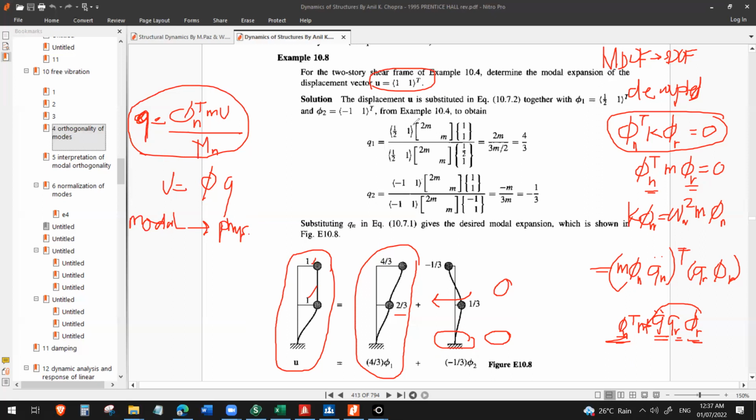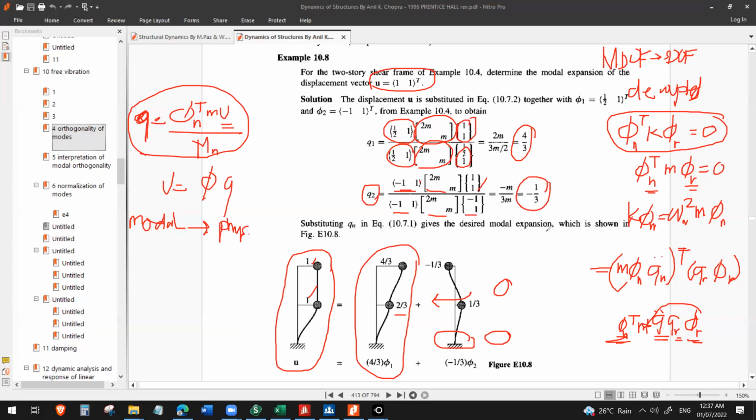So using that formula, with phi n the eigenvector, the mass matrix, and the actual displacement u, then again phi n transpose, the mass matrix, phi n, okay? Using that formula, we got 4/3. And for the contribution of mode 2, this is its eigenvector, mass matrix, eigenvector transpose, mass matrix, eigenvector.